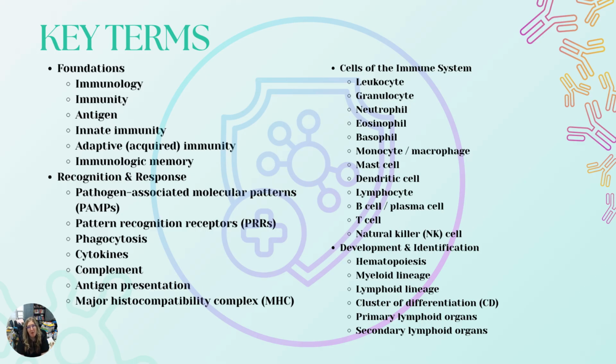Others describe how those cells recognize or communicate about threats like PAMPs, PRRs, cytokines, MHC, and complement. By the end of this unit, I really want you to be able to connect these terms rather than just define each one in isolation.